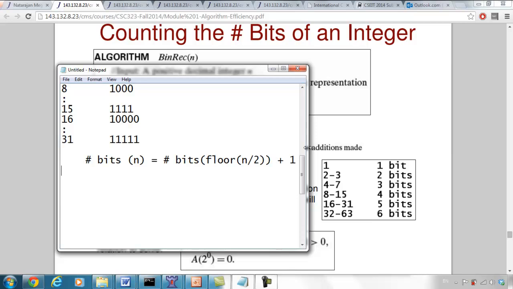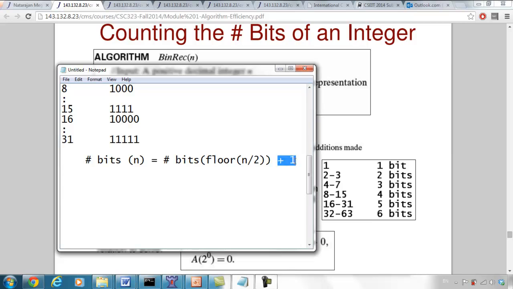So that plus 1 is essentially increasing the number of bits by 1 as you go through each range. Okay, and we know that's the basic condition. The number of bits needed to represent 1 is essentially 1.